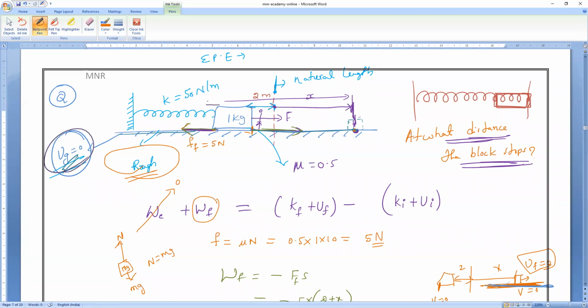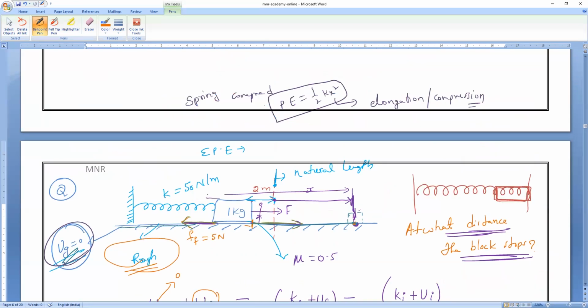Why is only initial potential energy present? Because it is compressed by 2 meters from the natural length. It is compressed, so it has stored some energy. What is that energy? Potential energy, only elastic potential energy, which is half kx square.